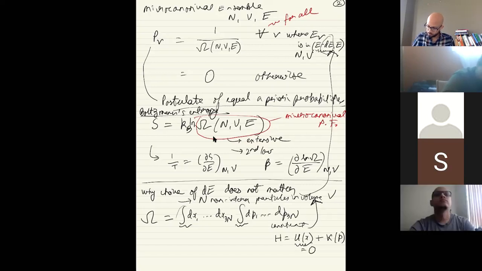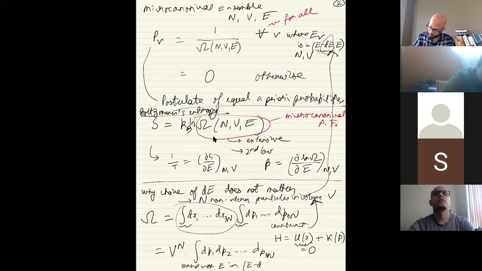This means the space integral on the left can be done exactly, and that becomes V to the power n, volume to the power n. And then we are left with dp1, dp2, through dp3n, consistent with energy in E minus dE to E. This is where we stopped last time.